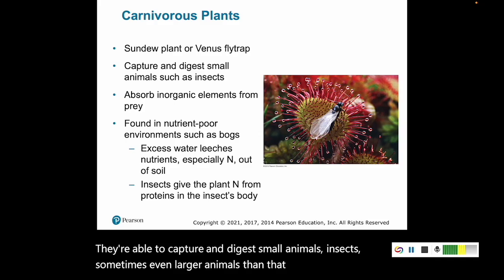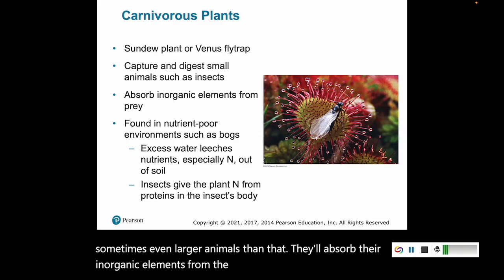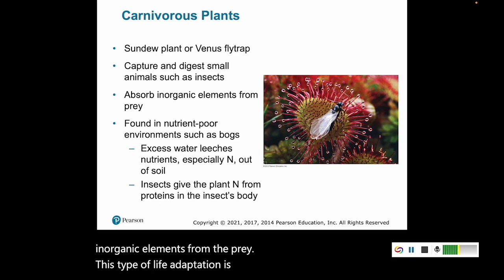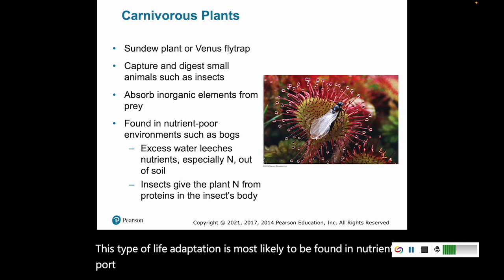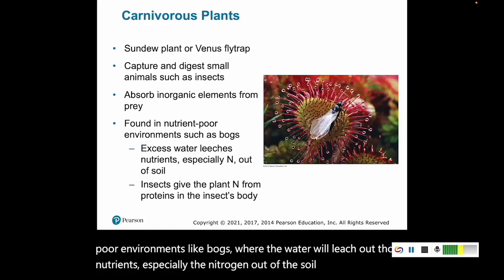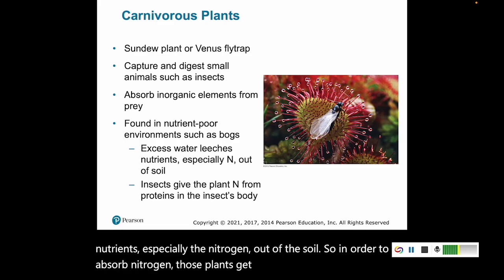They'll absorb their inorganic elements from the prey. This type of life adaptation is most likely to be found in nutrient-poor environments like bogs, where the water will leach out those nutrients, especially the nitrogen, out of the soil. So in order to absorb nitrogen, those plants get it from the insects.